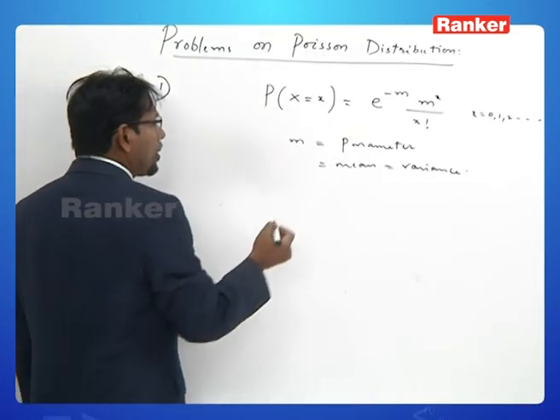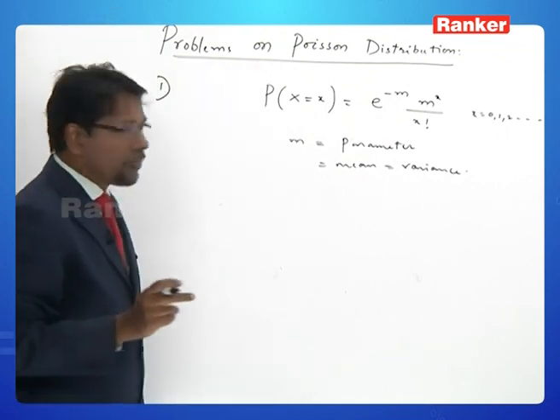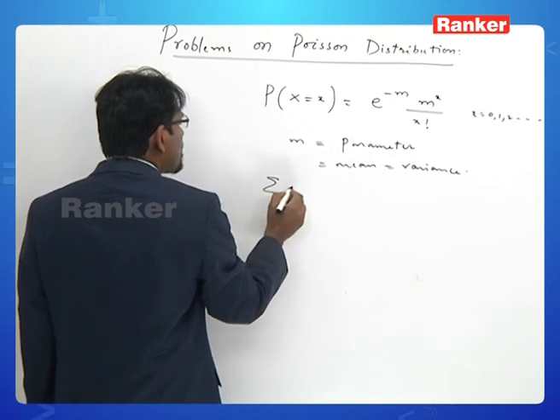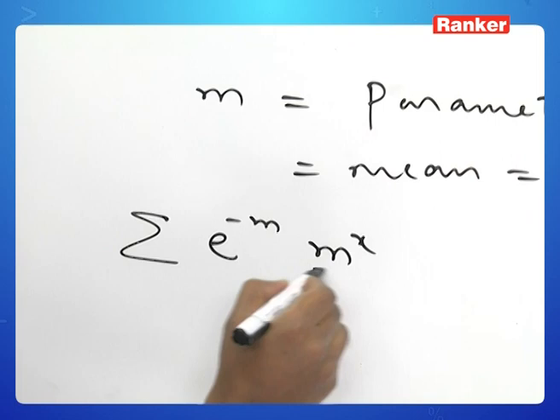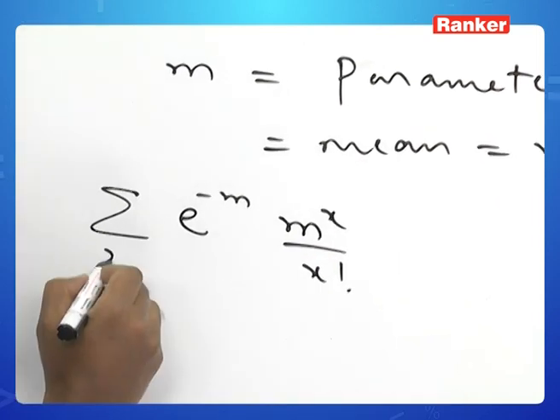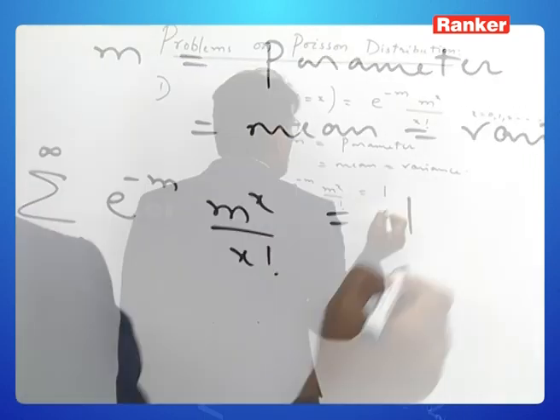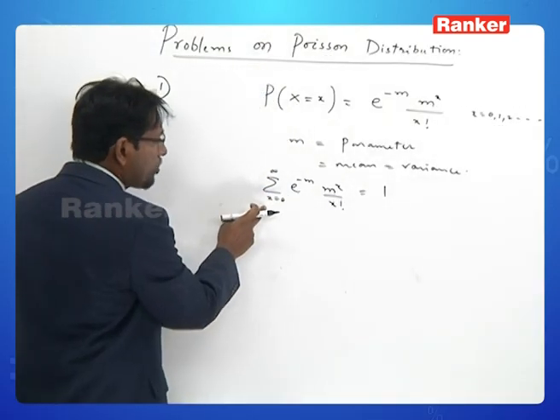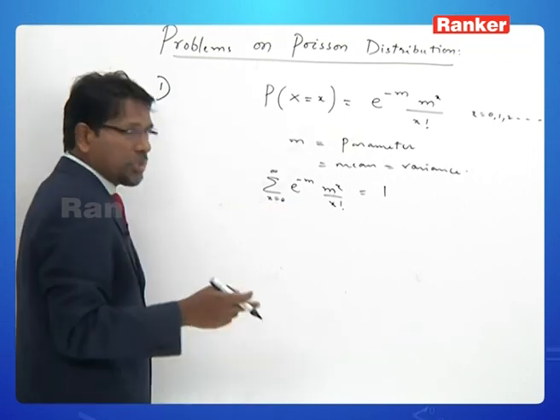Now, in this summation, what is he asking? We have the summation of e power minus m into m power x by x factorial, x ranging from 0 to infinity, is equal to 1. We know this. Here this summation comprises of even position terms and odd position terms.